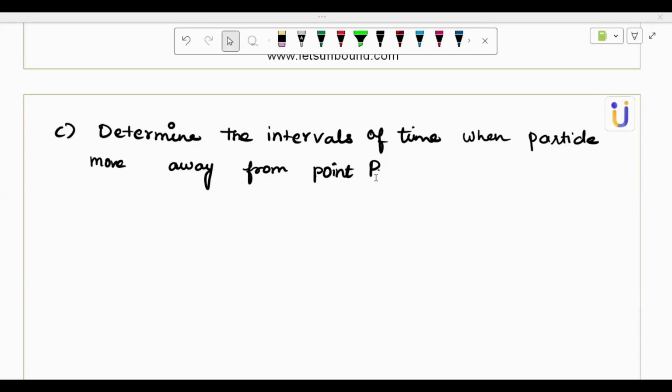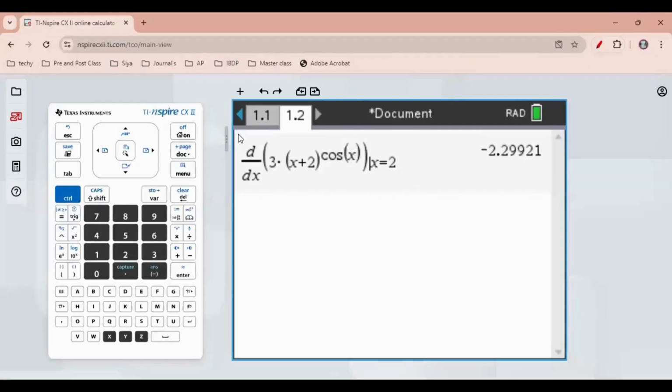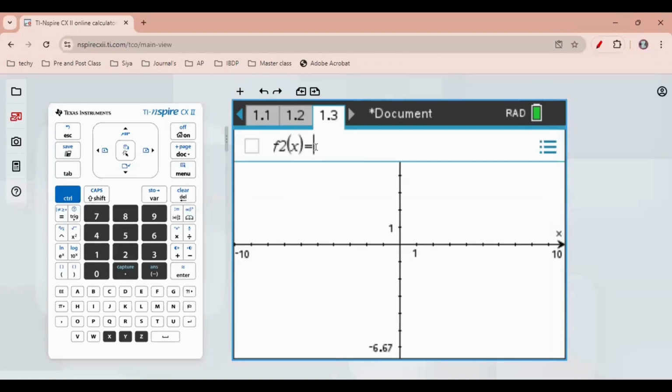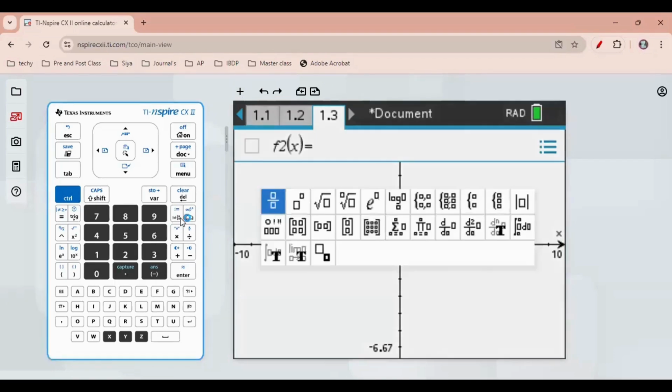Here we go. Let's switch to the graph. Okay, so we need a function. S of t is known, but we need velocity. So go for this: the first derivative is velocity.